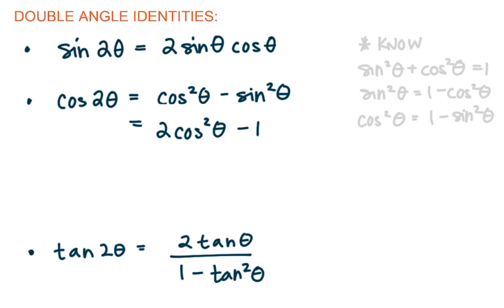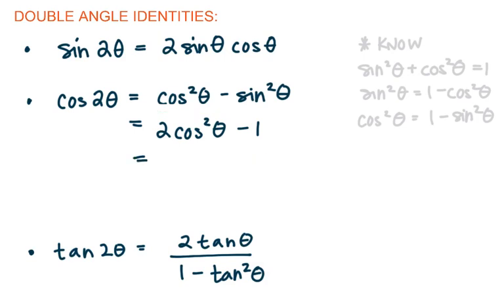Following a similar argument for cosine squared, I can plug in for cosine squared 1 minus sine squared. So that would be 1 minus sine squared theta minus sine squared theta. And of course, that's going to give me minus 2 sine squared thetas.